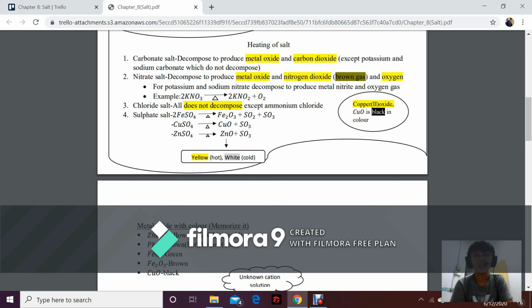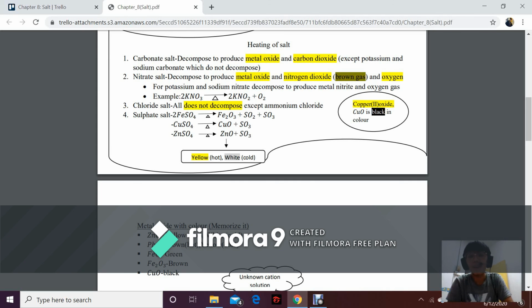This is how you can analyze the salt by heating it and seeing the product produced. For example, when the salt is heated, acidic gas is produced. Acidic gas is SO3. This SO3 gas is acidic. So if the question says acidic gas is produced, this is the sulfate salt.